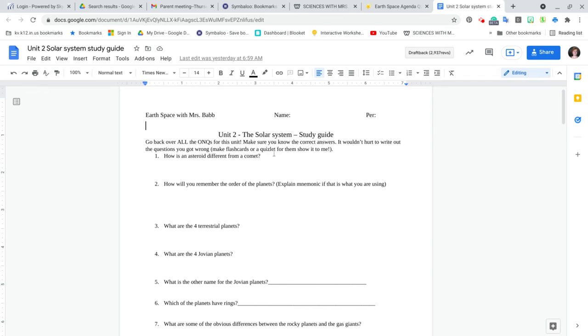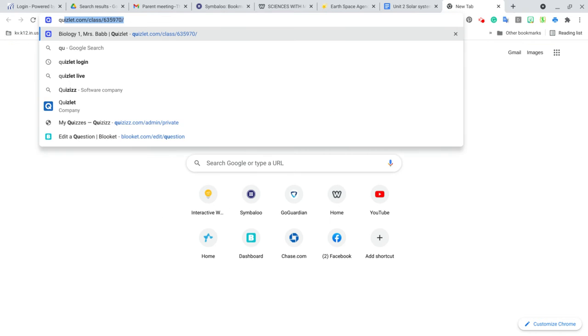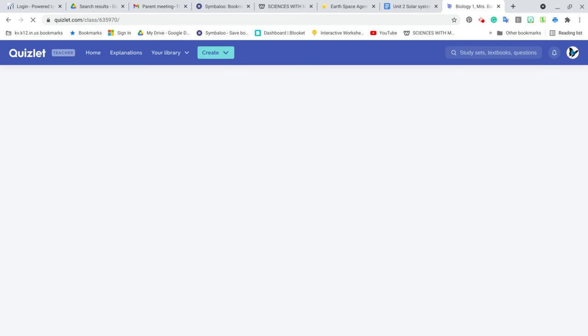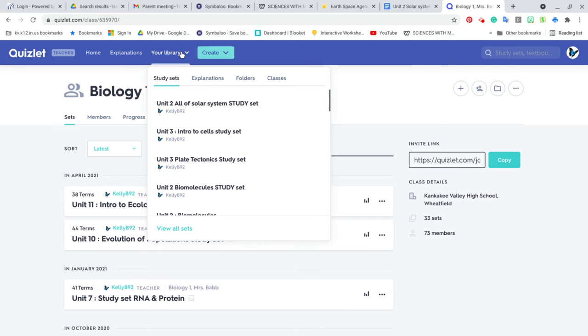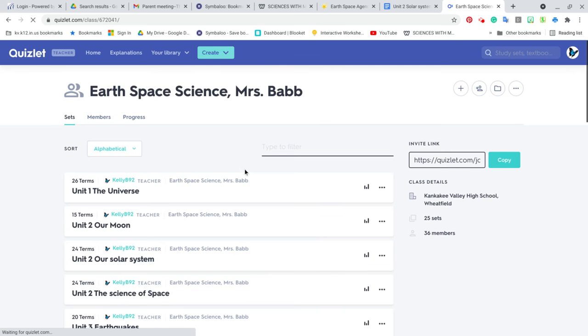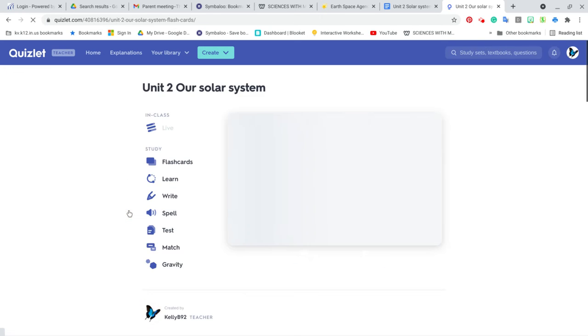So how is an asteroid different from a comet? How should I figure that out? I would recommend Quizlet. That is probably our solar system.